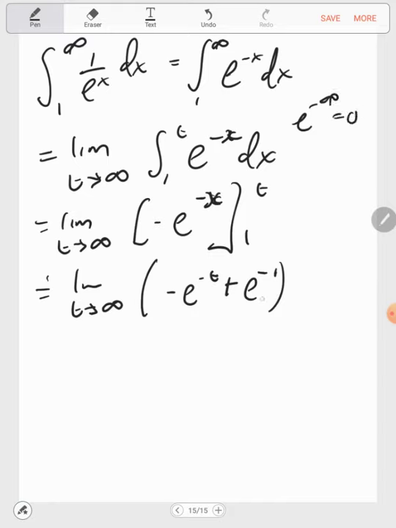Therefore, we just remain with e to the power minus 1. Since this has no t, we leave out the limit as well. So e to the power minus 1 is a finite number, because we know e is 2.71 something, so 1 over that 2.71 is actually the answer.